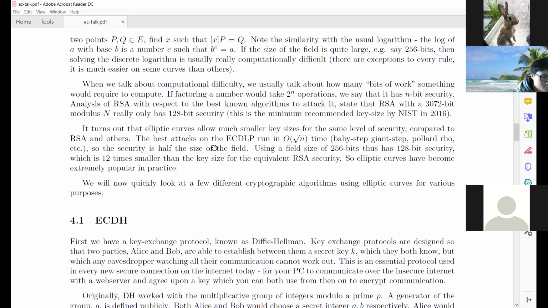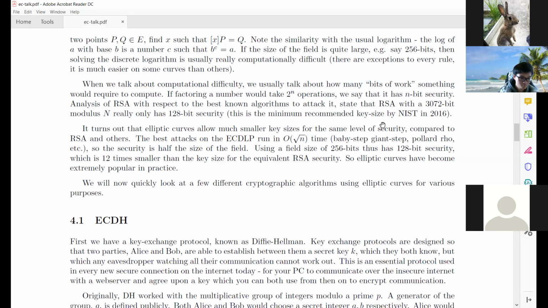So if we have a field size of 256 bits, then it has security of about 128 bits. Roughly half the number of bits, right? Because it's a square root and this is a power. So for the same security, 128 bits of security, elliptic curves use only numbers that are up to 256 bits long, not 3072 bits long.